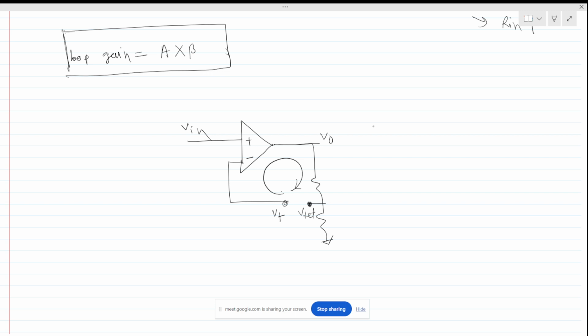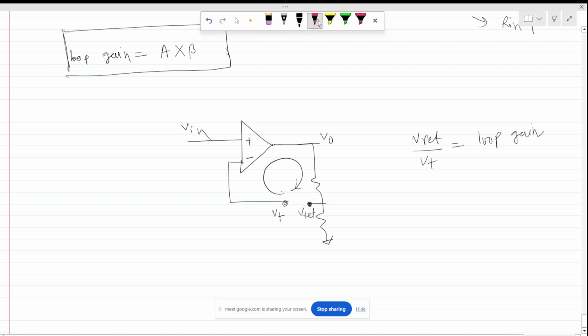Then we take V return by V test, and this is called the loop gain. This is a high impedance node because the op amp has infinite input impedance, so the current is 0. I am breaking the node from here, traversing the loop in this direction and going back to the node, and we measure V return divided by V test, and this gives our loop gain.